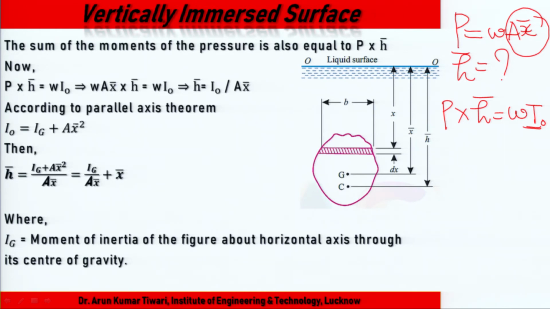So in place of capital P we can say gamma or W A x bar into h bar, and this must be equal to I naught, which we can calculate in terms of the moment of inertia. So the W cancels out, and we can calculate h bar.